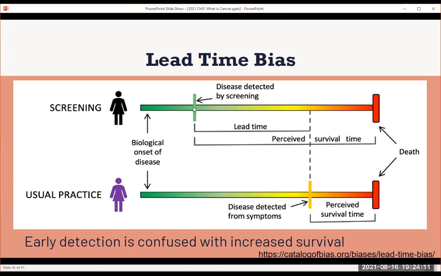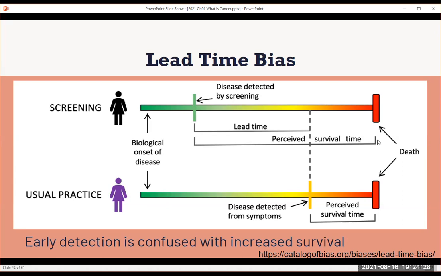And so your perception of their survival rate is going to look much, much larger, right? So you're going to look at that and say, look at this survival time. It's huge, right?